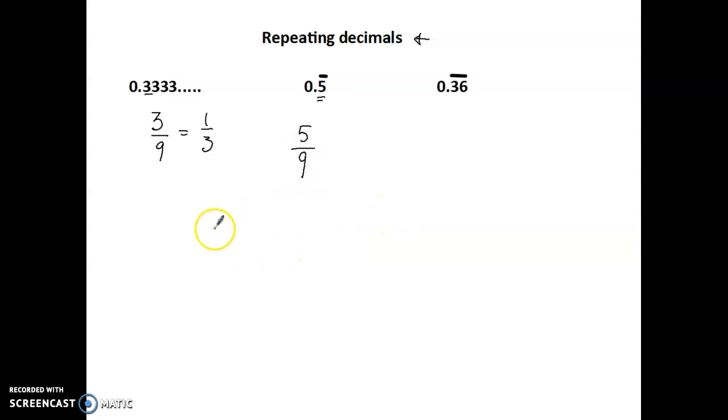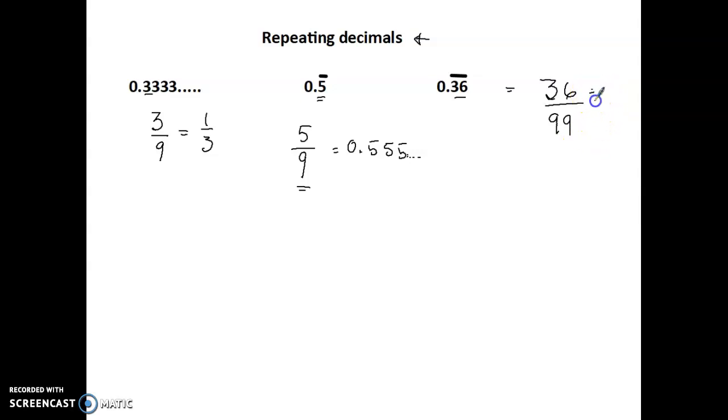There's a whole explanation that I'm not going to go into. Just try it on your calculator and make sure you get the right answer. When you go 5 divided by 9, you should get on your calculator 5 repeating over and over. If you have 2 numbers repeating, like 36, 36, 36, you're going to write that one over 99. 36 over 99. Oh, I see common factors here because 9 goes into both of these.